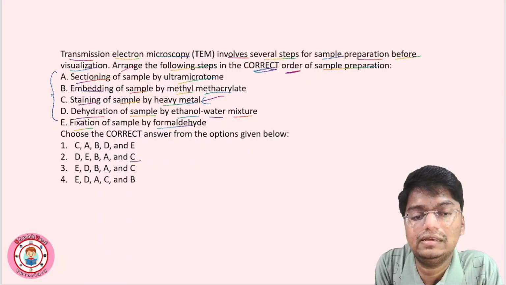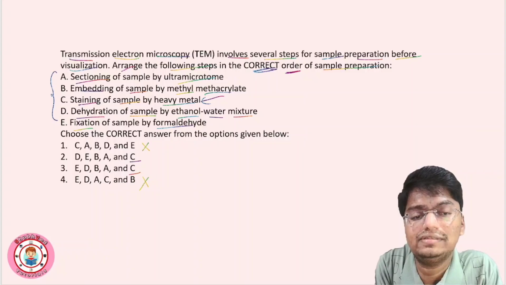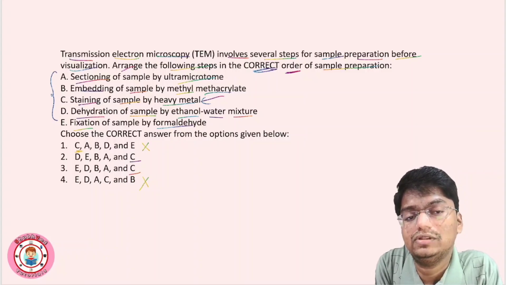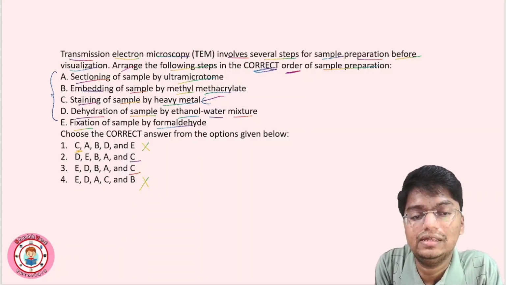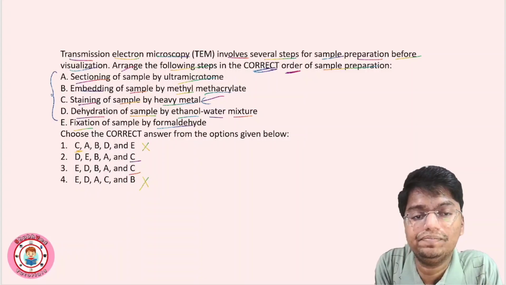C, you will find in options 2 and 3. Then 1 and 4 will get eliminated, since option 1 gives C first, which is not possible. Staining will be last, because after staining comes visualization.